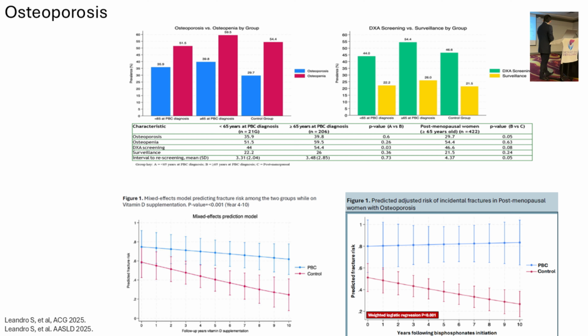The graph here shows reduction in their osteoporosis progression. The control has more reduction, meaning that they are getting the benefit from vitamin D supplement. But the PBC population is less affected by the vitamin D supplementation.